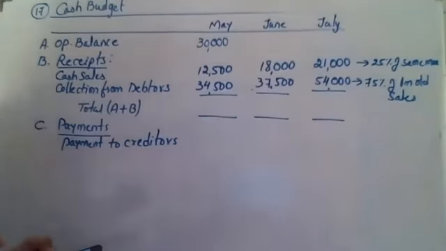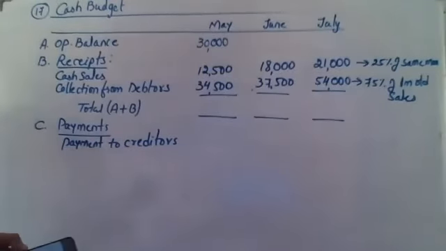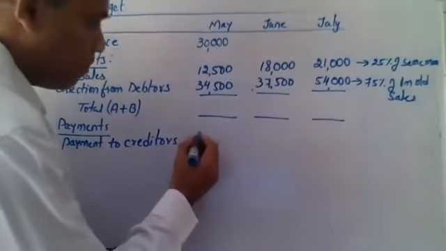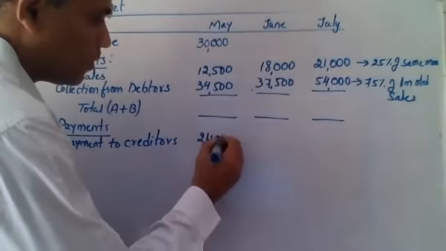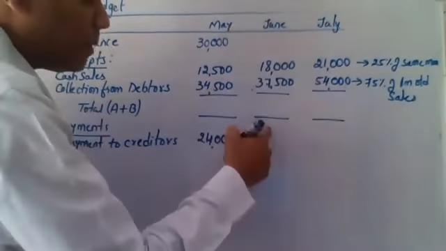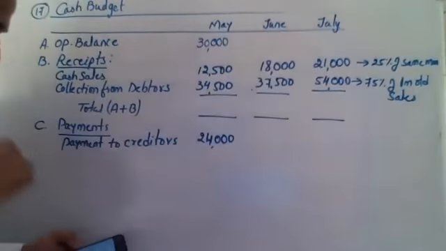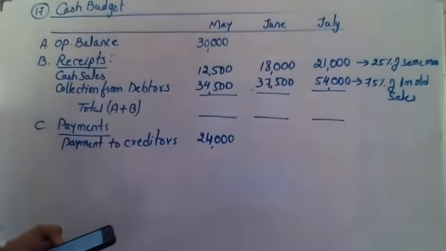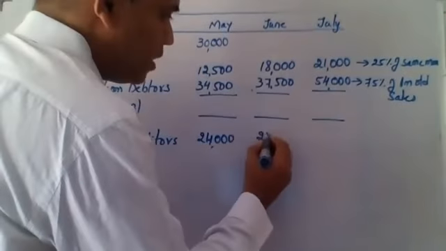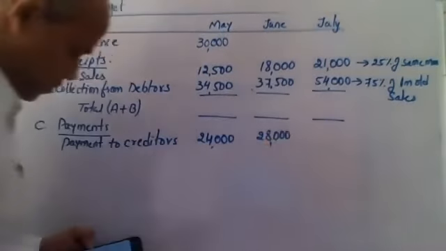So when you say 2 months credit, whatever I purchase in March, I will not pay in March or April, but I will pay it in May. So what I purchased in March is 24,000, I am writing it in the month of May. What will I pay in June? 2 months old. What I purchased in April is 28,000, so April 28,000 I will pay in June.